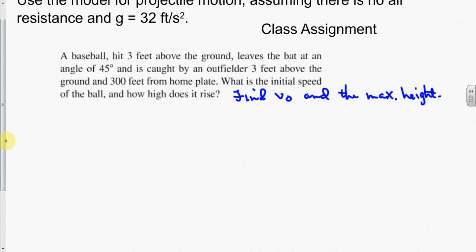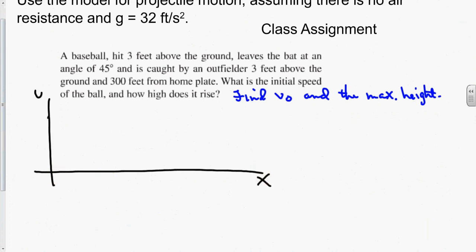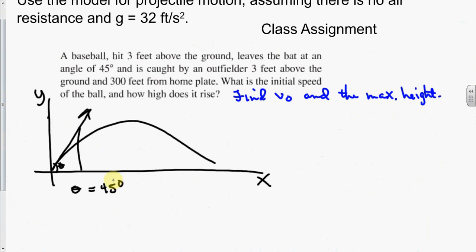Now, the best thing for me is to just try to draw out some kind of image, just so that you kind of get an idea of what's happening. And obviously right here would be the so-called maximum height.